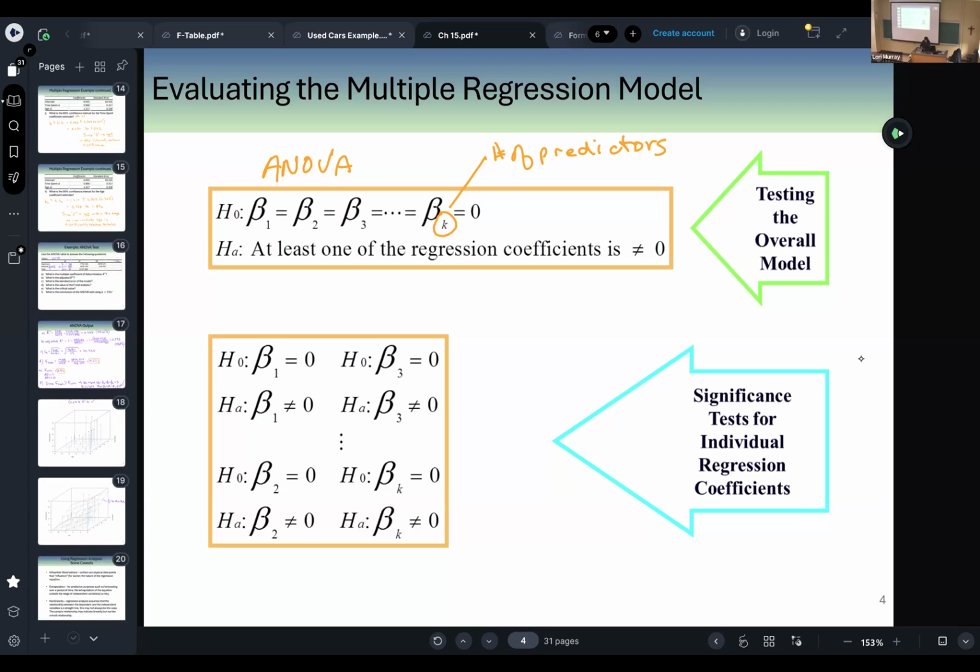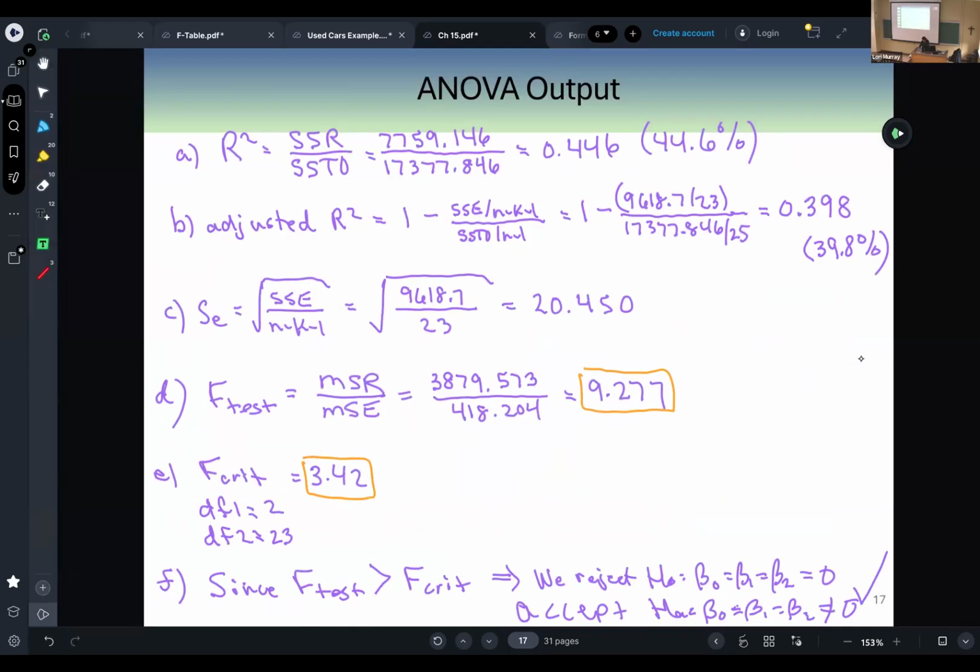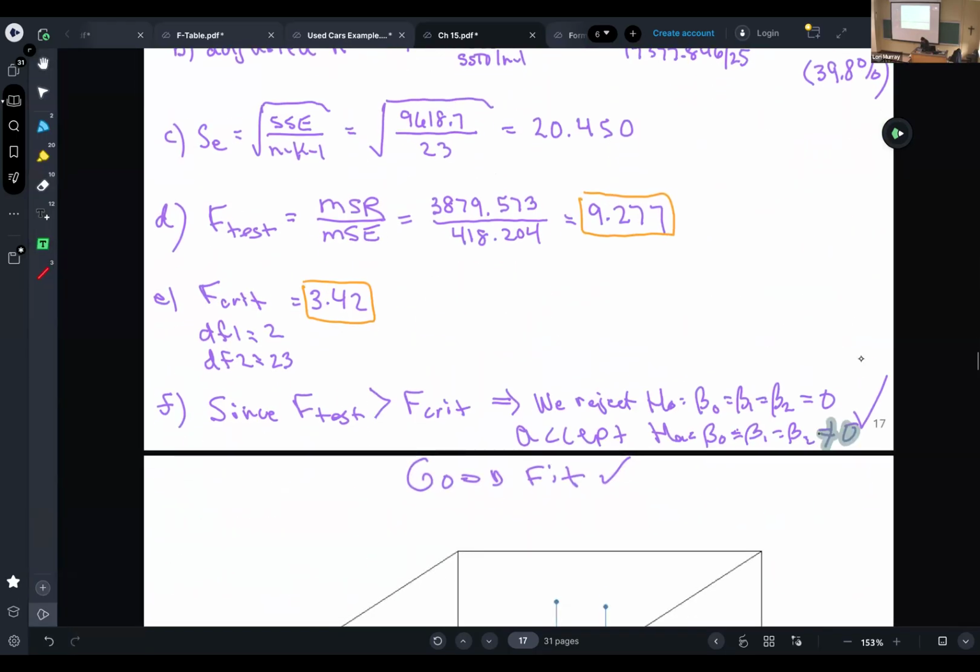To keep this clean, at least one is not equal to 0.